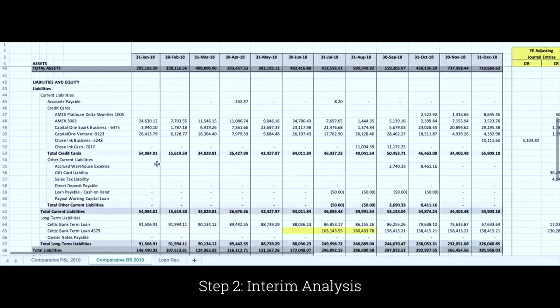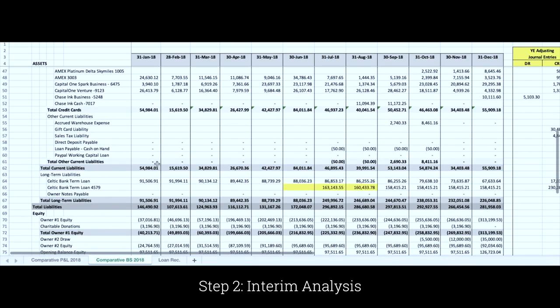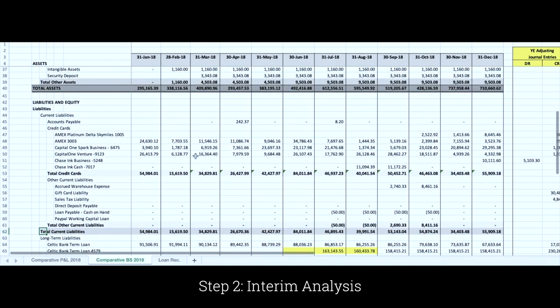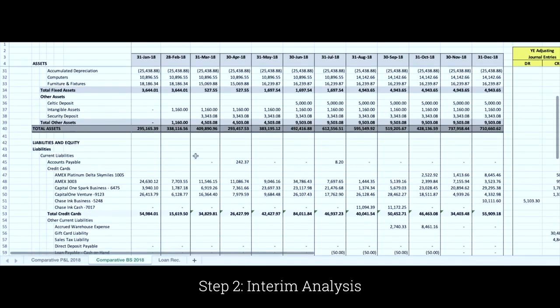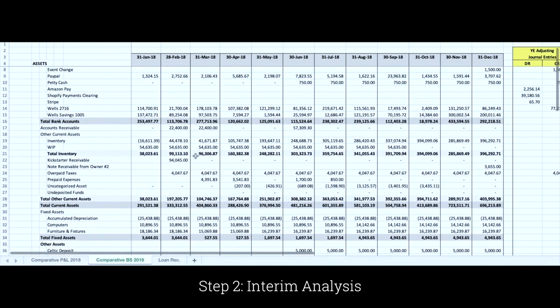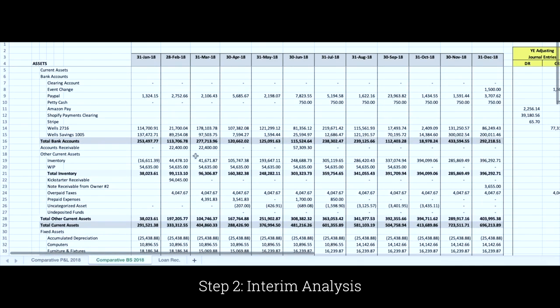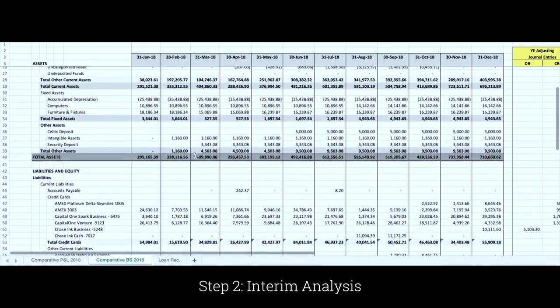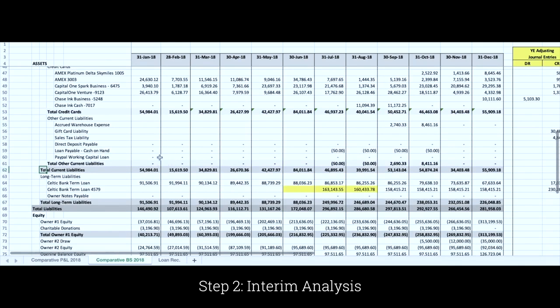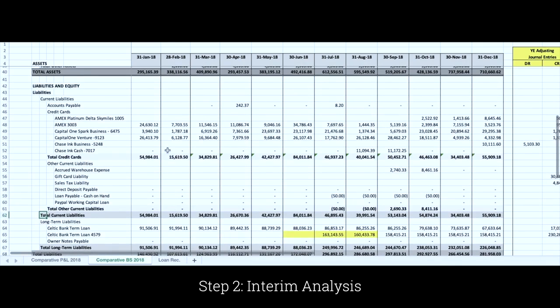And then we also want a section for current liabilities. A current liability is anything that we need to pay within 1 year. The reason that's important is that we can generate a liquidity ratio, which shows how we're doing with our near-term cash resources. To the degree that our current liabilities are greater than our current assets, that's a problem.